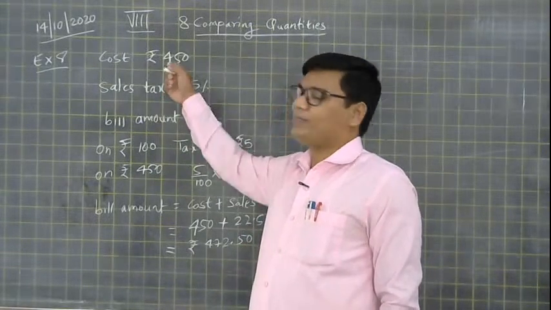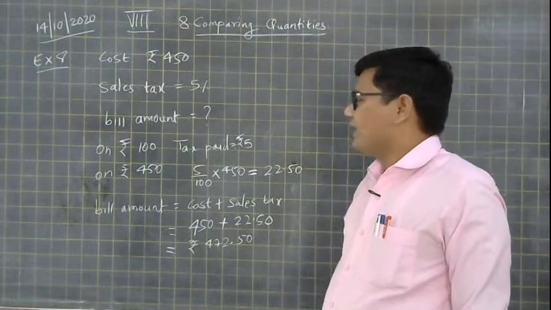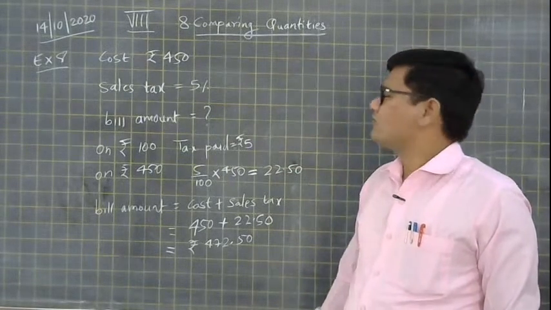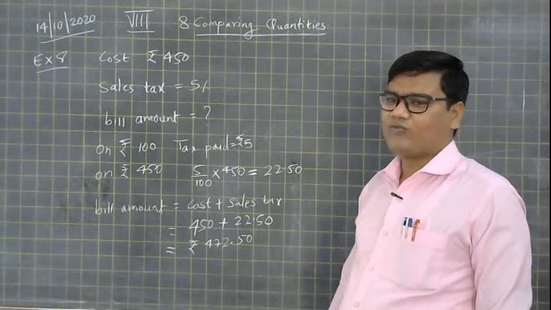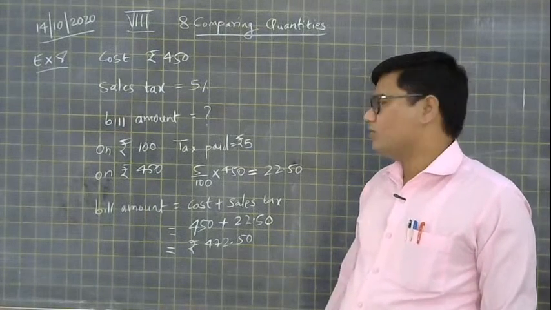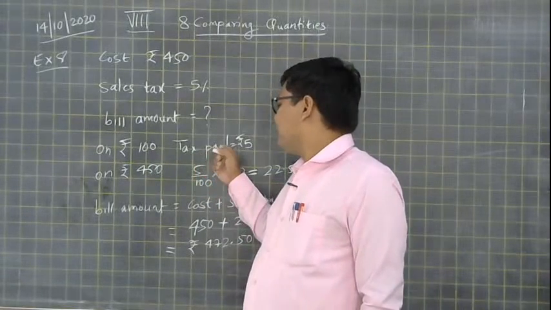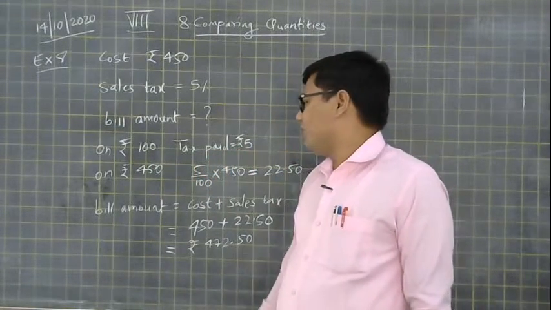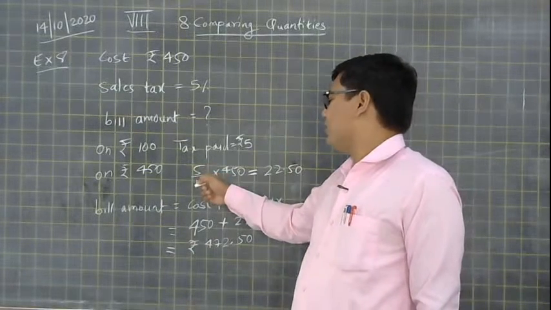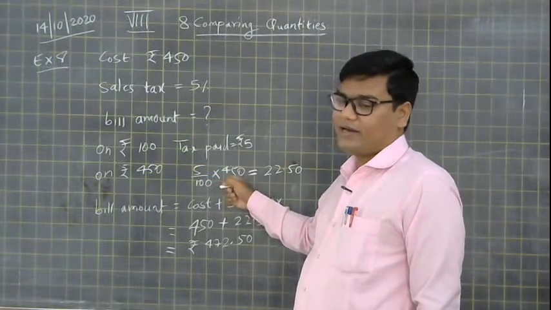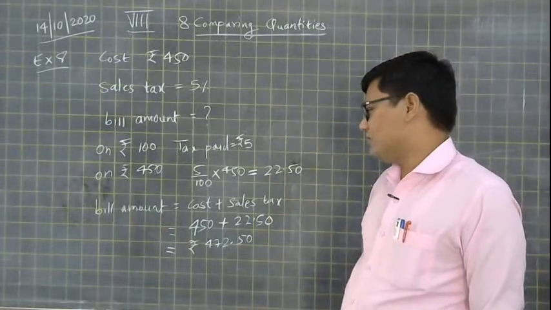Let us look at the answer once again. The cost of the pair of roller skates is rupees 450, and there is a sales tax of 5%. We have to find the bill amount. On rupees 100 tax paid is rupees 5, and on rupees 450 sales tax will be 5 upon 100 multiplied with 450, which is equal to 22.50.